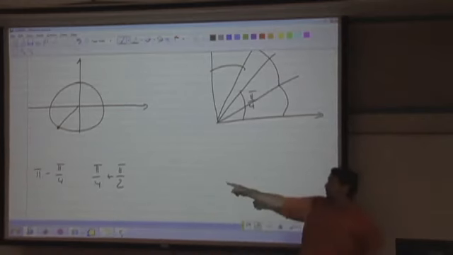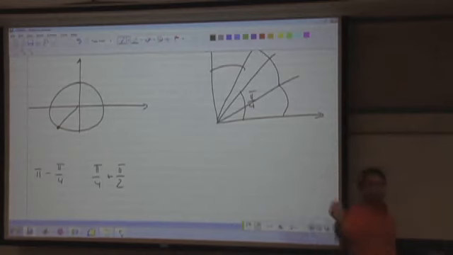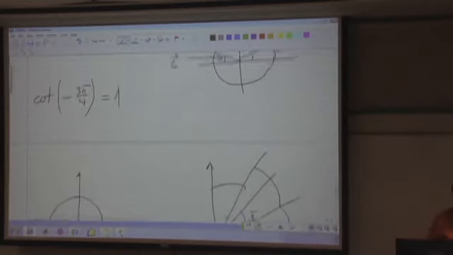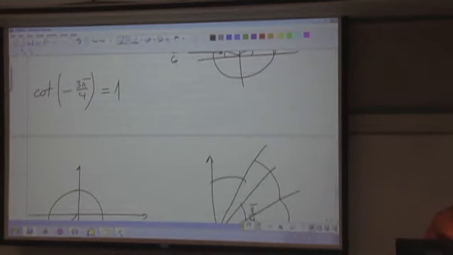Okay, we're there. What is cotangent or tangent of negative 3 pi over 4? Well, they're both 1, right? Does that make sense?